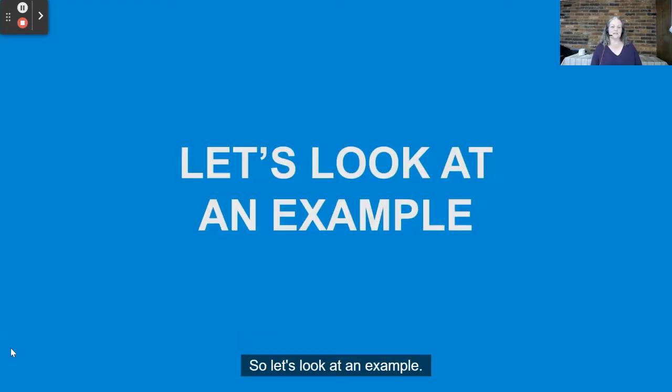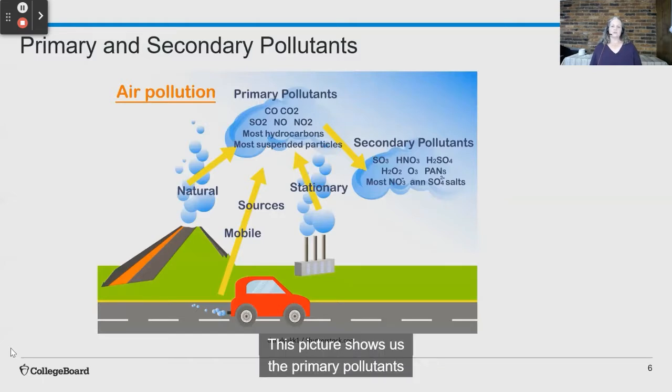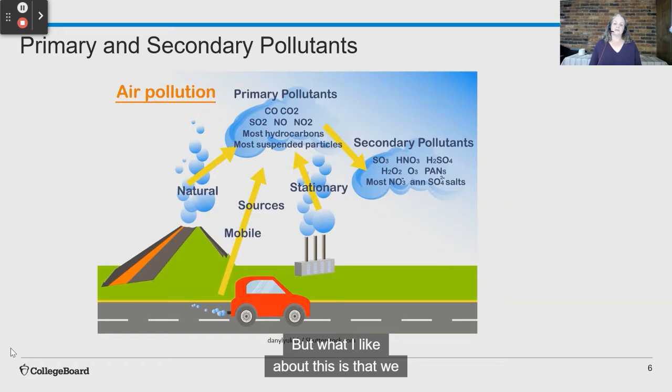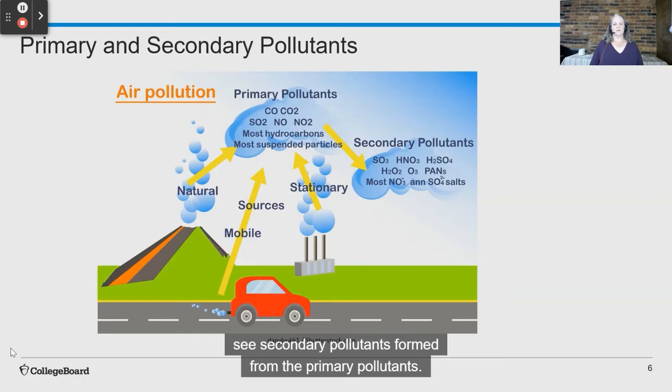So let's look at an example. This picture shows us the primary pollutants and secondary pollutants process coming from some natural sources, also coming from some man-made sources. But what I like about this is that we can see the direct emissions of those primary pollutants if we follow the arrows, and we also see secondary pollutants formed from the primary pollutants.